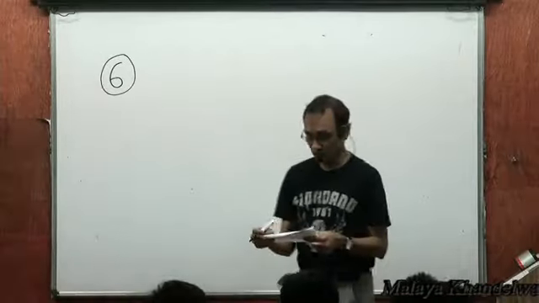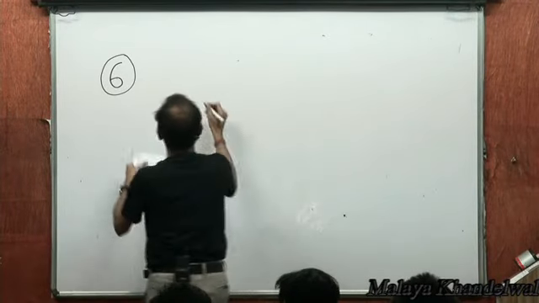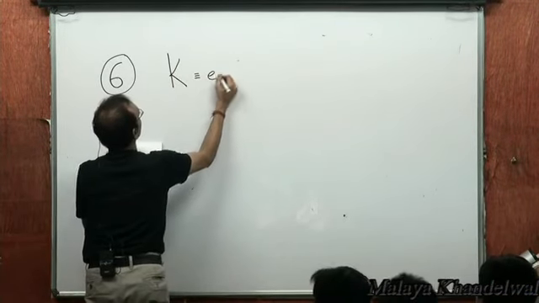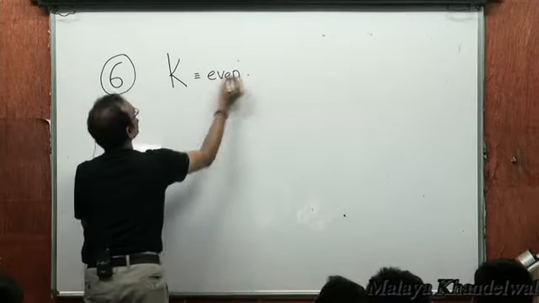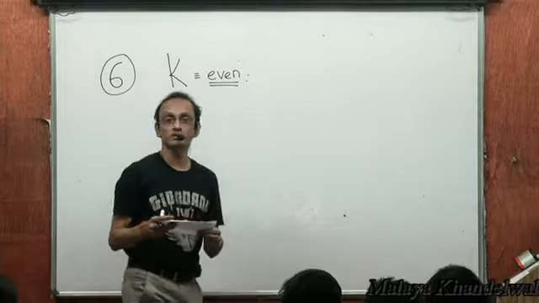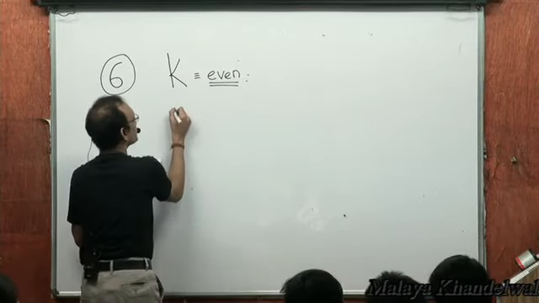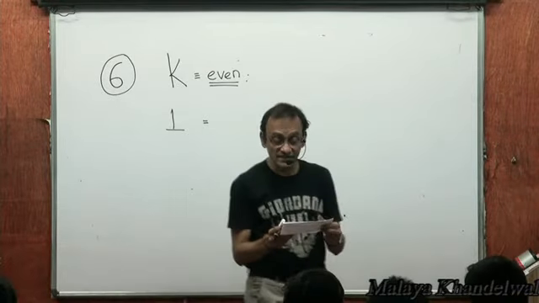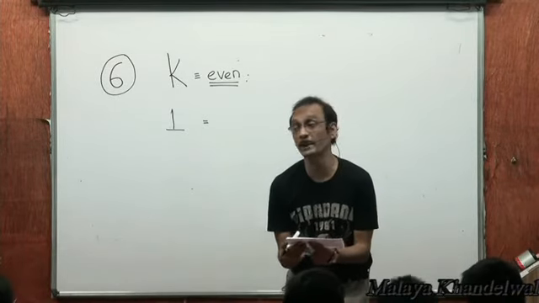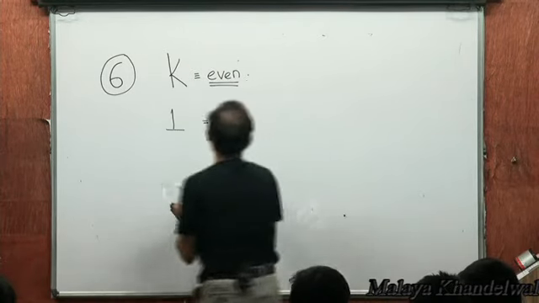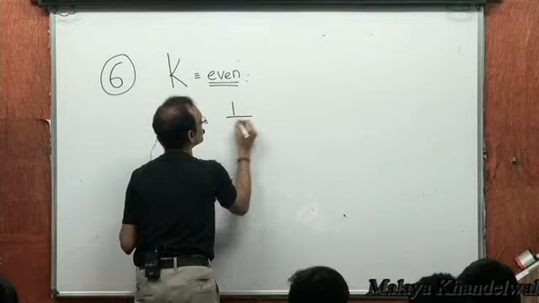Now in the sixth problem, what's given is k an even integer. Is it possible to write 1 as the sum of reciprocals of k odd integers?